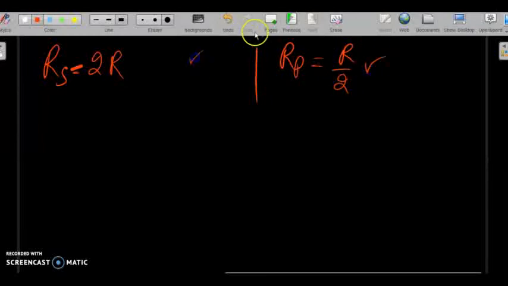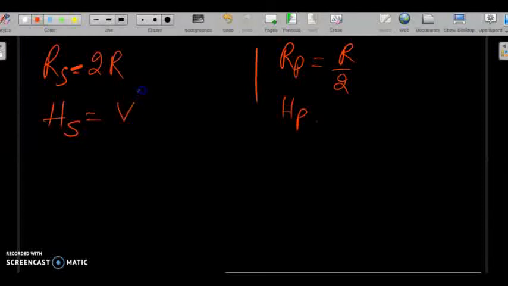Fine. Good. What next, children? What else is he asking? The heat produced in the case of series connection of that resistor, and the heat produced in the parallel connection. So what is the formula we have? The source voltage is same.